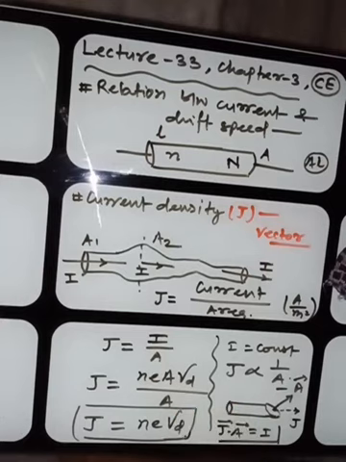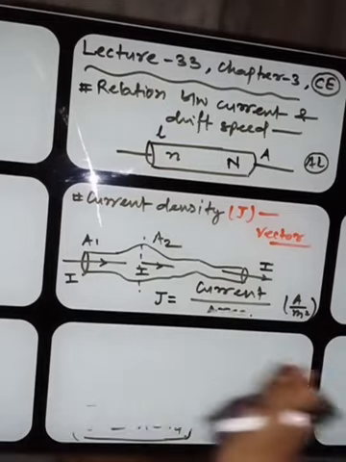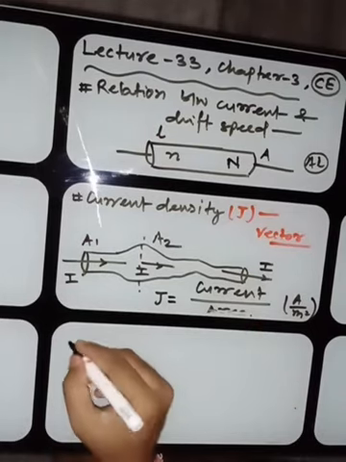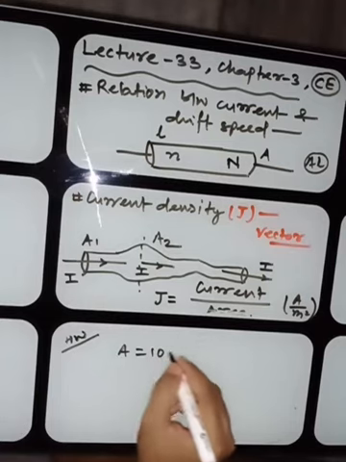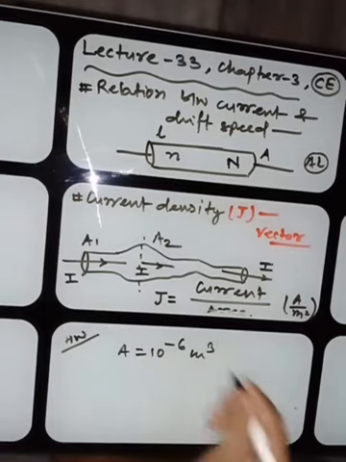The question is, an electron beam has an aperture of 10 to the power minus 6 meter square. Of course, this aperture is actually giving you the area. So I'm writing here the data. This will be your homework.